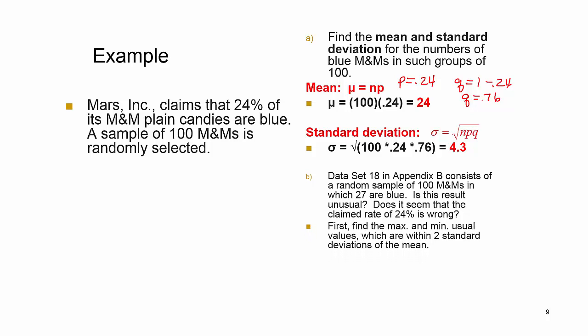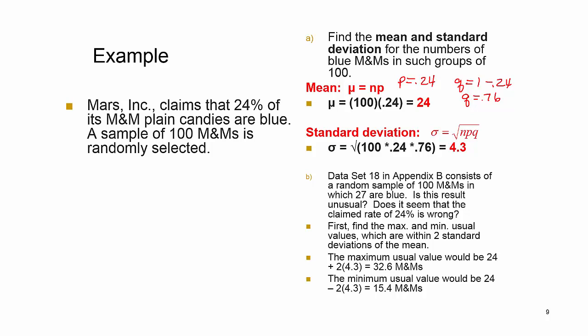So let's focus on the maximum and minimum usual values, which are always 2 standard deviations from the mean. So the maximum usual value is 24 plus 2 times the standard deviation of 4.3, or 32.6, would be the maximum usual number of blue M&Ms in a sample of 100.